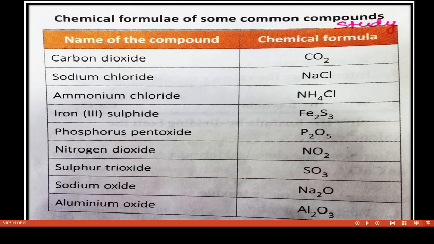Here Roman numeral 4 means the iron 4, you write Fe2S4. And then phosphorus pentoxide P2O5, nitrogen dioxide NO2, sulfur trioxide SO3, sodium oxide Na2O, and finally aluminum oxide, you write Al2O3.